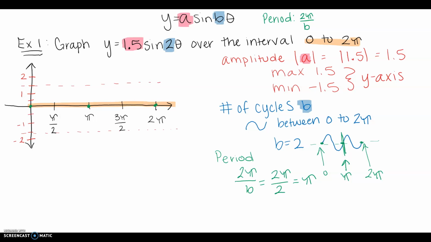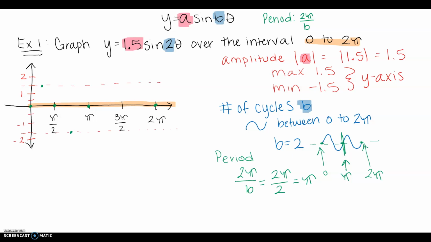Now we can look at, here is the first and here is the end. Well, directly in the middle also has to be at 0. And then directly in between this one and this one, we have to have our highest point. And directly in between these two, we have to have our lowest.